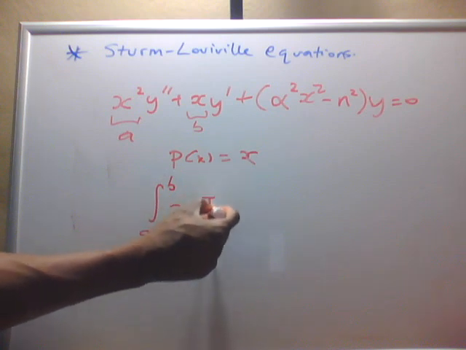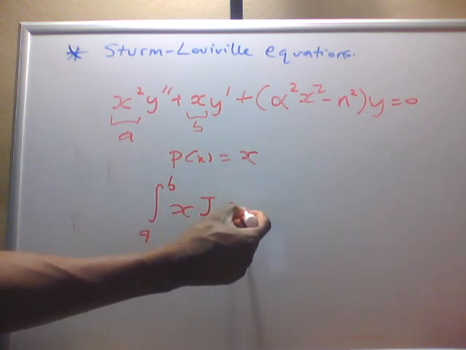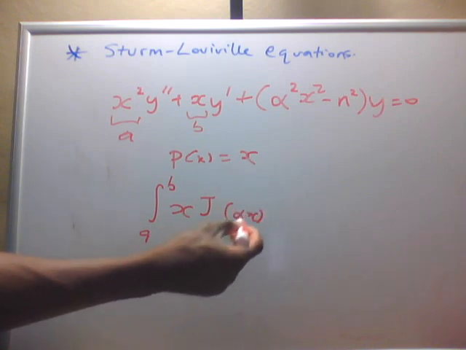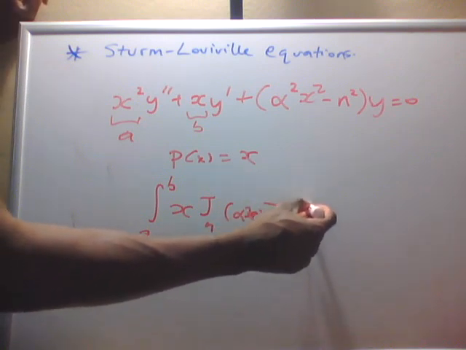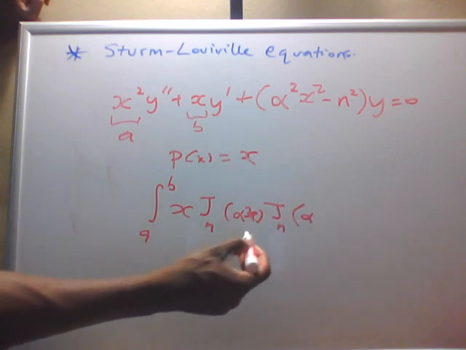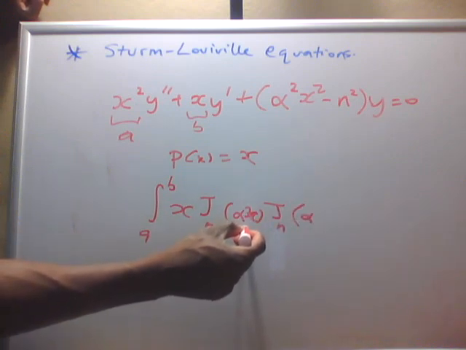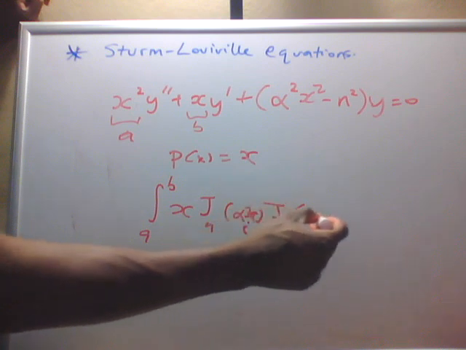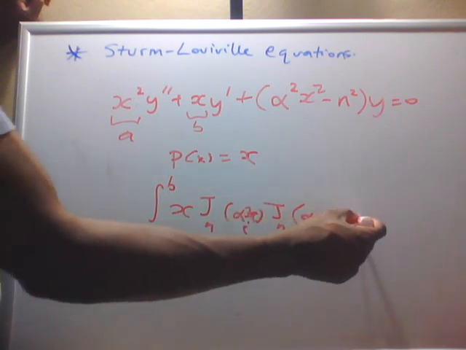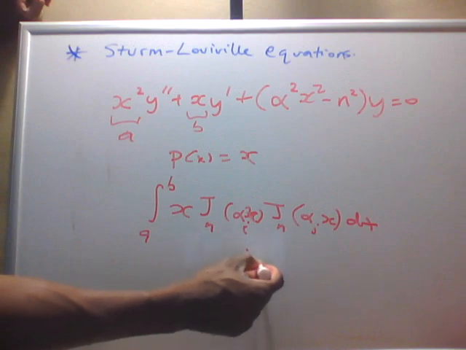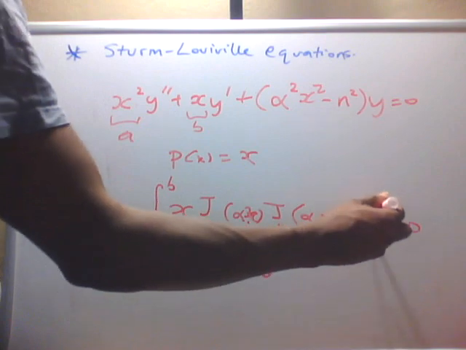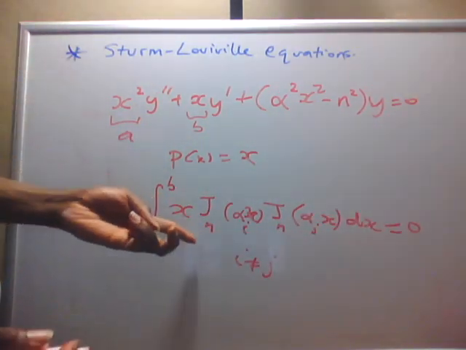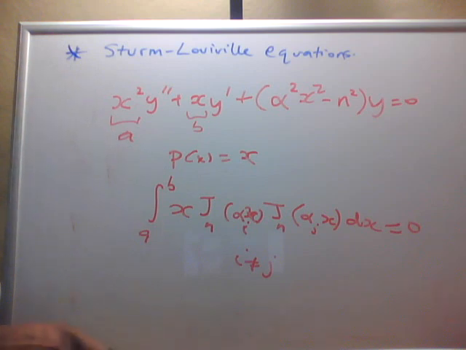The integral of x, the weight function, times J n of alpha i x, the solution, which is what we just derived, times J n of alpha j x dx, for i not equal to j, equals 0. So this is the orthogonality condition for Bessel's function.